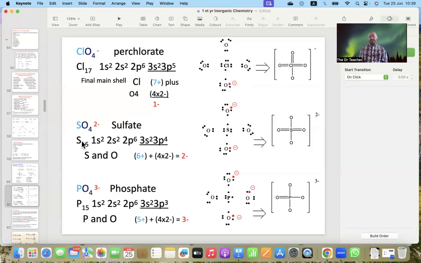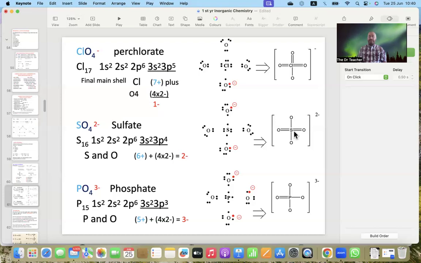We take sulfate. Why is the overall charge of the sulfate -2? The sulfur ends with 6 electrons, 3s2, 3p4, 6 electrons. 6 electrons means they can be donated to the oxygen.